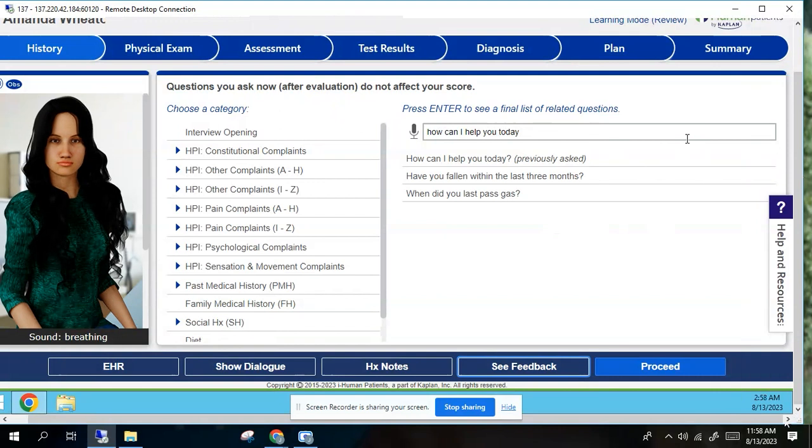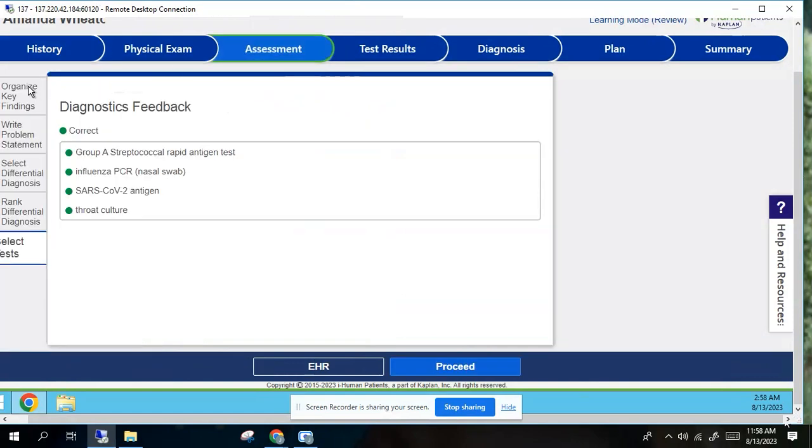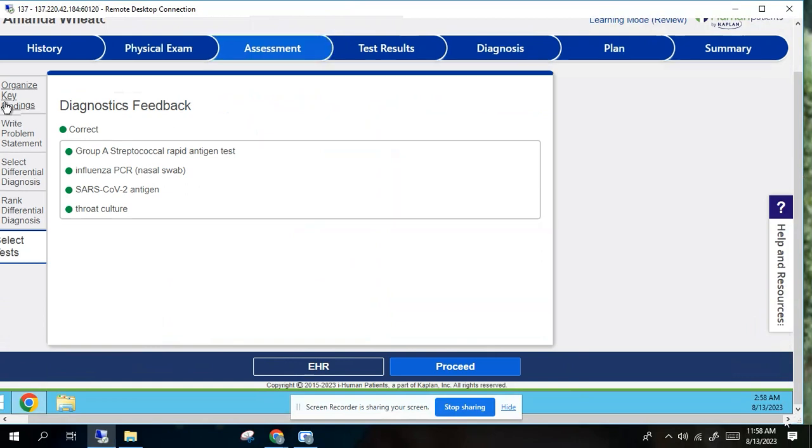Your key findings are specific to patients, so you get them from the response from the patient. So you ask the question, and then you listen or you read the answer, and then you get your key findings. Now back to assessment. So those key findings are the ones you're supposed to organize.